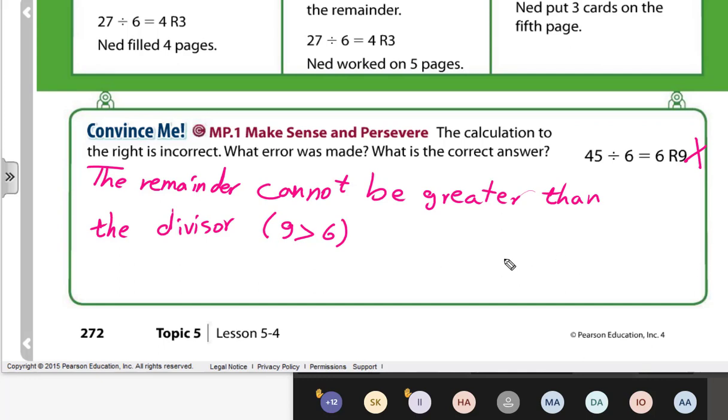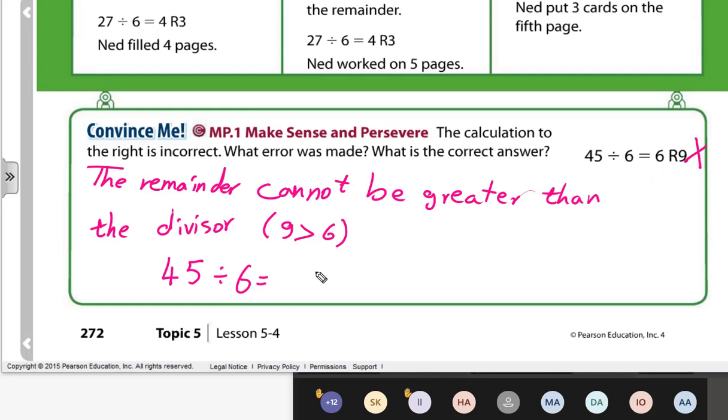And I want one of my heroes to tell me what is the correct answer when you divide 45 by 6. To answer this question, I will pick one of my heroes to help. Abdulaziz Al-Abbad. Yes, Abdulaziz.